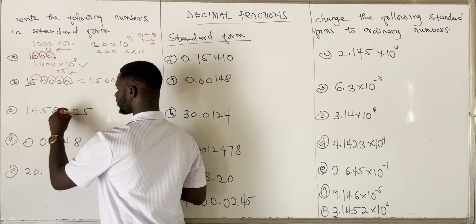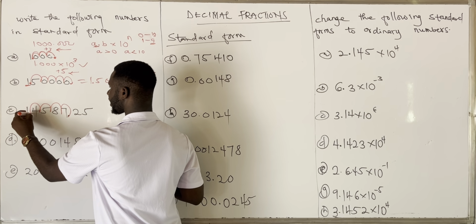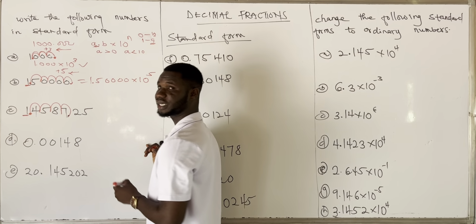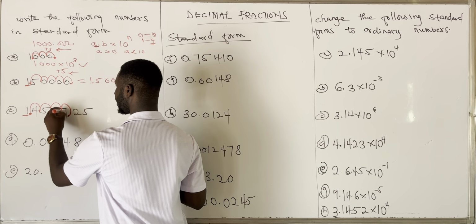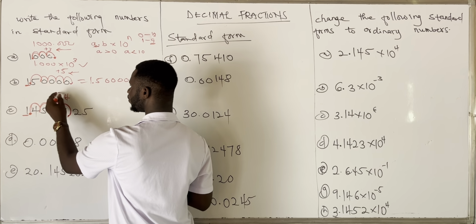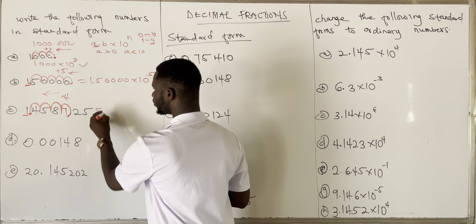So let's go, 1, 2, 3, 4. If I move it here, our a is now less than 10, but greater than 0. How many times did we move? 1, 2, 3, 4. So let's write our 4 here. We moved to our left, so we are going to get a positive power. So this is what you are going to write.